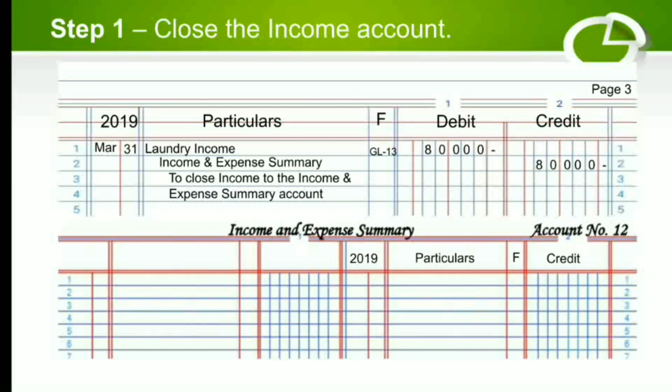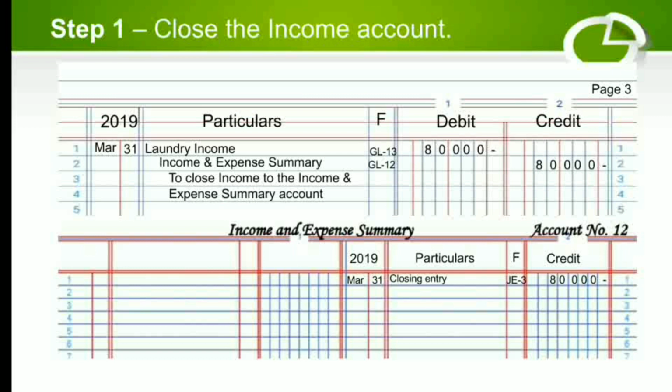For the date column, we're going to write Mar for March, and then the date 31, and this is all about the closing entry. For the folio, we're going to write JE3, since this is taken from the General Journal page number 3. And then the amount is 80,000 pesos.